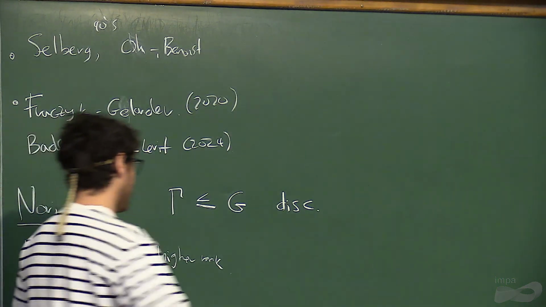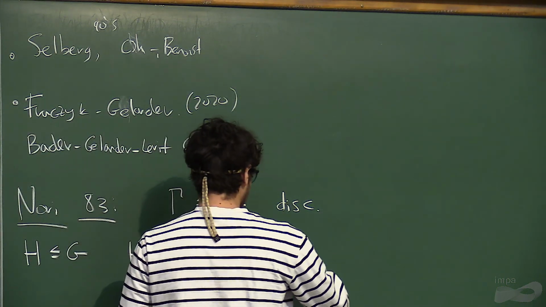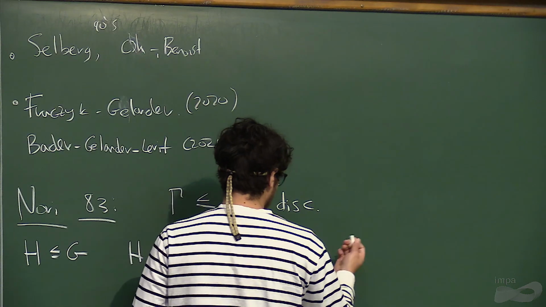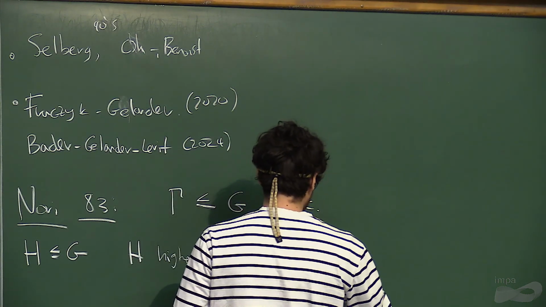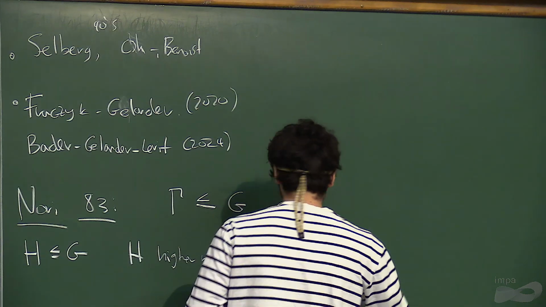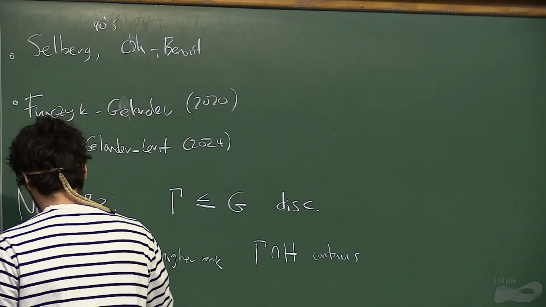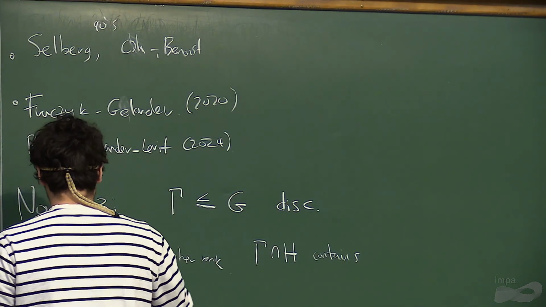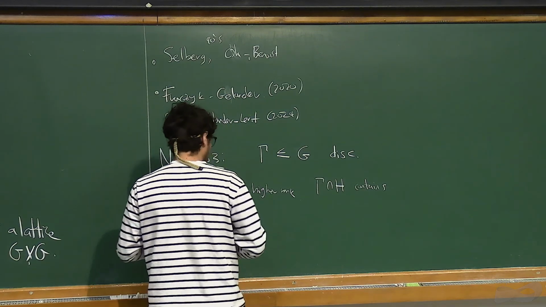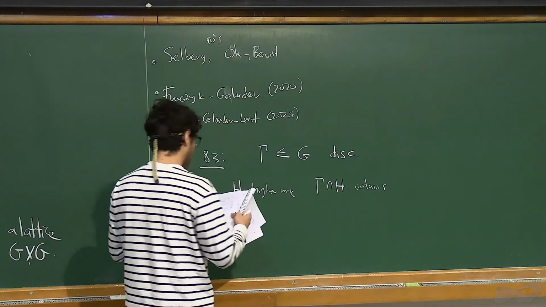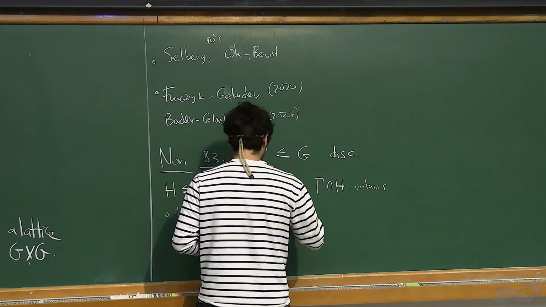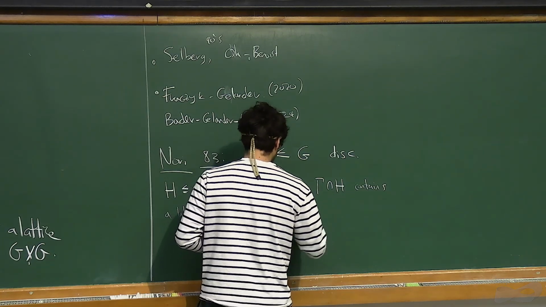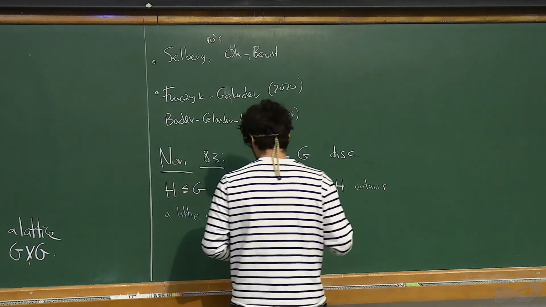And you know that gamma intersection H contains a lattice in H. Then the question is, does it imply that gamma itself is a lattice?